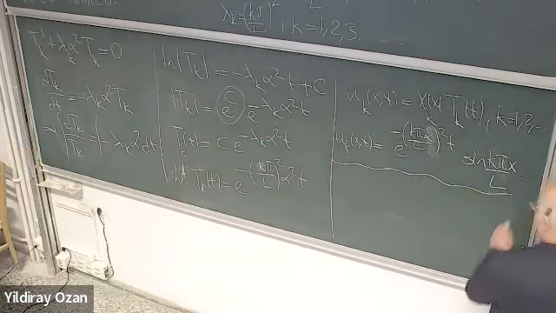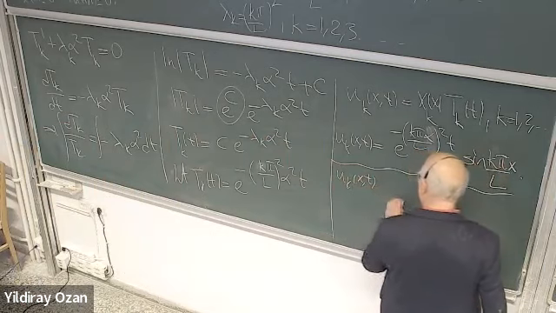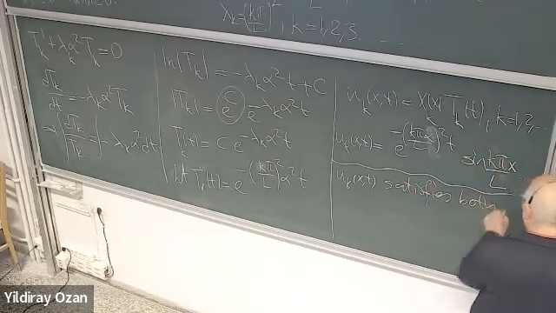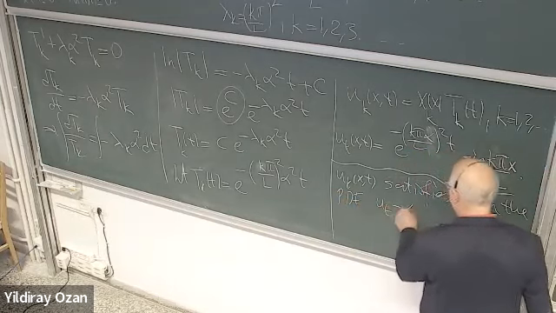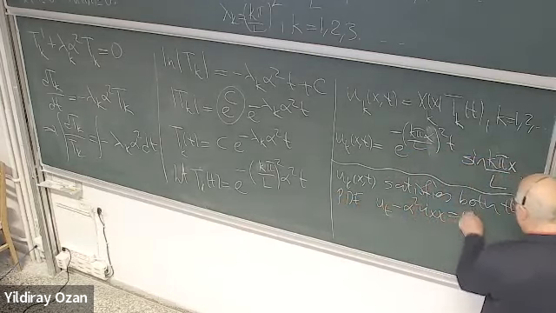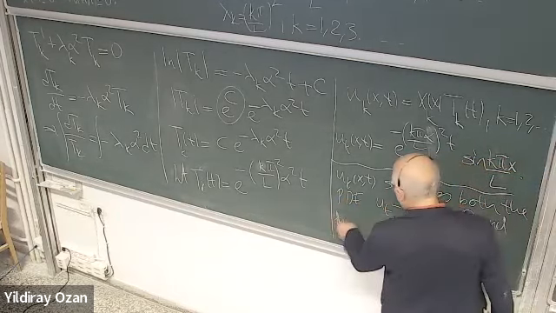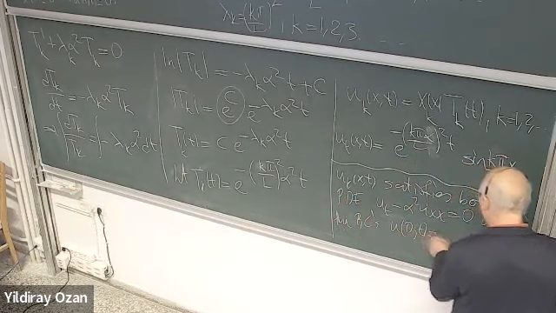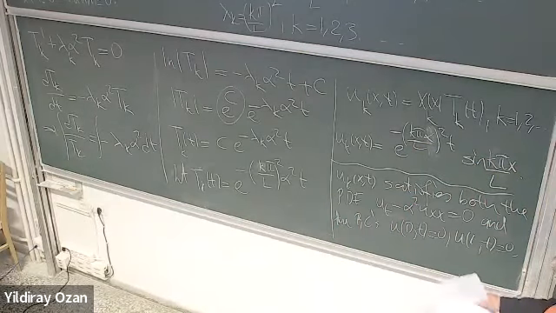We note that this u_k(x,t) satisfies both the PDE, which is u sub t minus alpha squared u sub xx equals 0, a homogeneous equation, and the boundary conditions, which were u(0,t) equals 0 and u(L,t) equals 0, for all k.